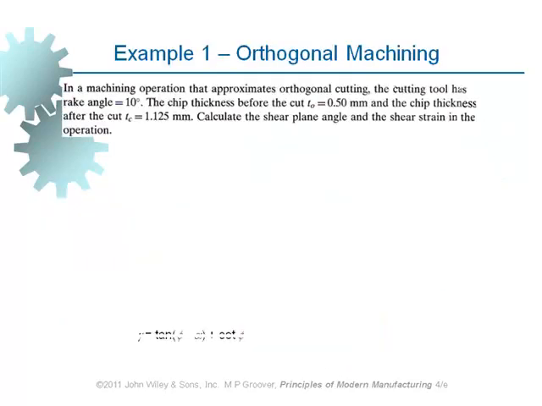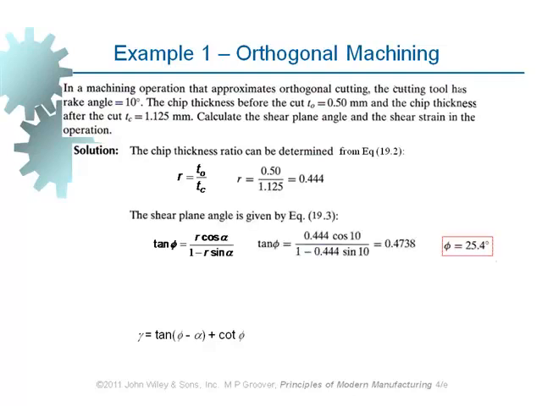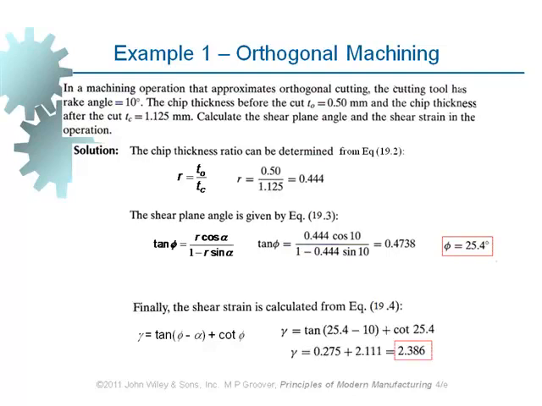So, by making use of these equations, and also the equation for the ratio of the thickness, we can easily compute the value of r first. t_o is given, t_c is also given. Then, substituting all these values into this equation, we can compute the shear plane angle phi, and also the magnitude of the shear strain by making use of the right equation.